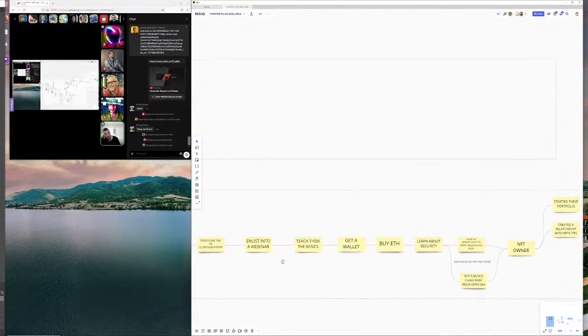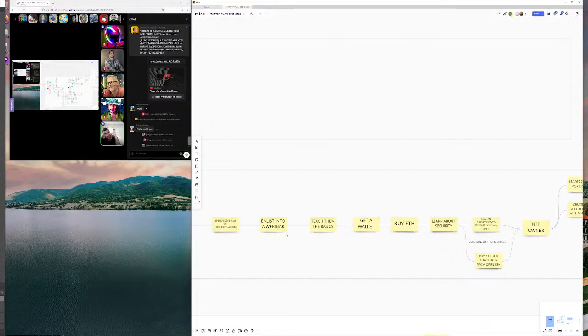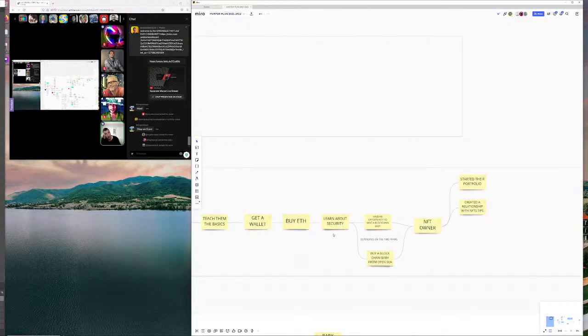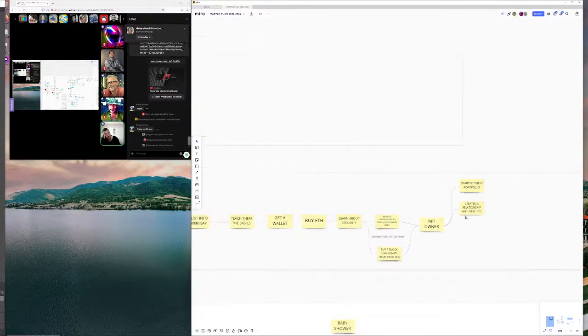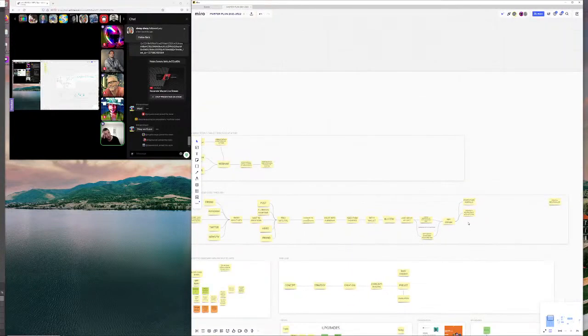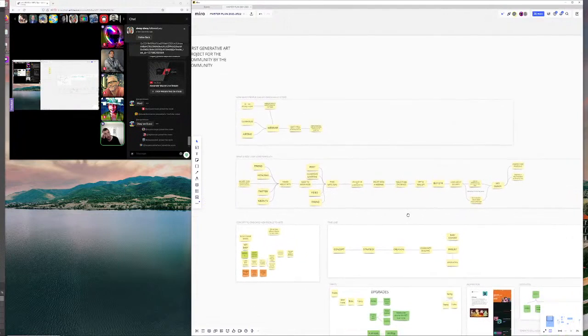We enlist them into possibly a webinar that could be automated, that walks people through all the steps, and then teach them the basics, get them a wallet, have them buy ETH, learn about security, and now they have an opportunity to mint the blockchain babies right from the website, or they can buy a blockchain baby on OpenSea through the secondary market. Now they are an NFT owner, and they can start their own portfolio and create relationships with NFTS tips users and community. So that's just part of the user map.